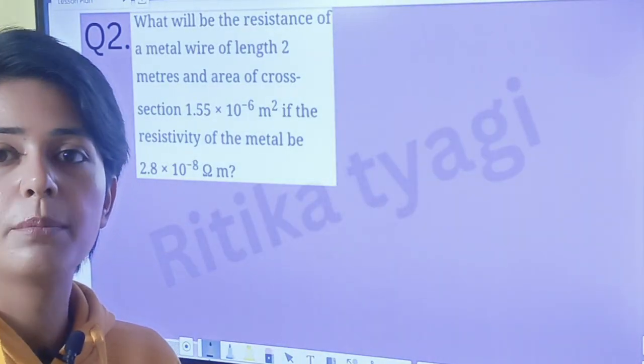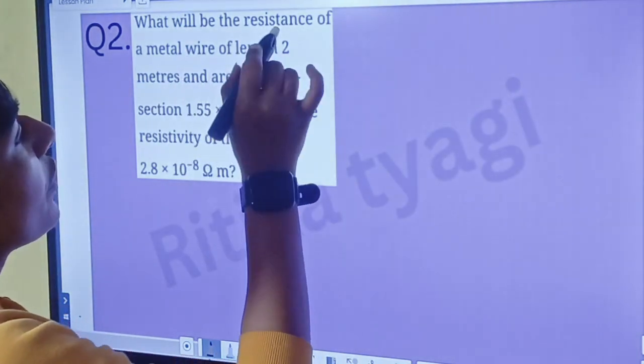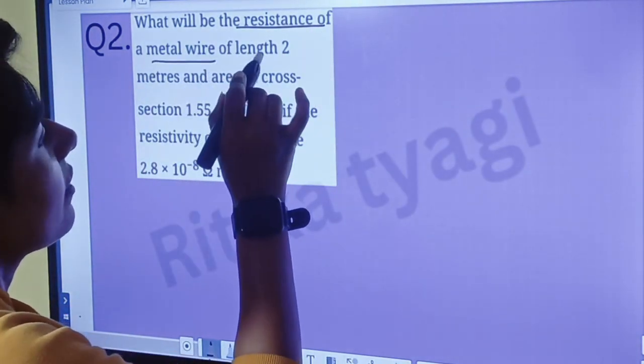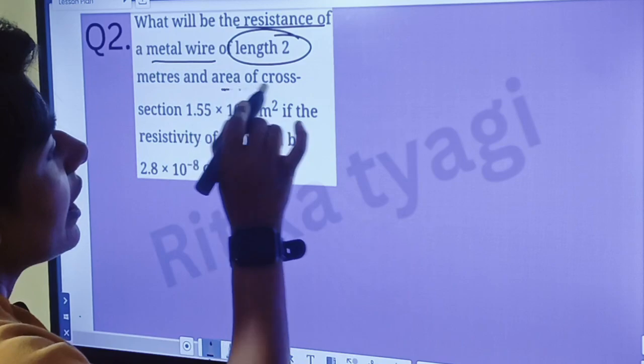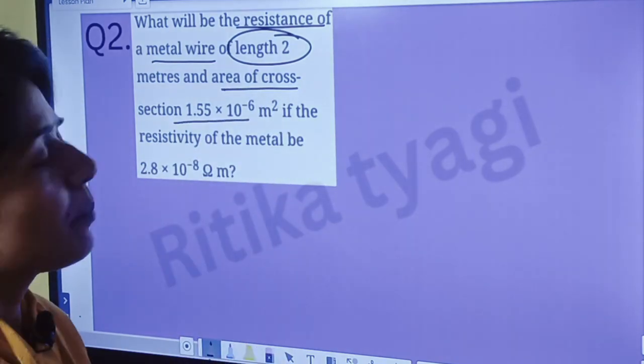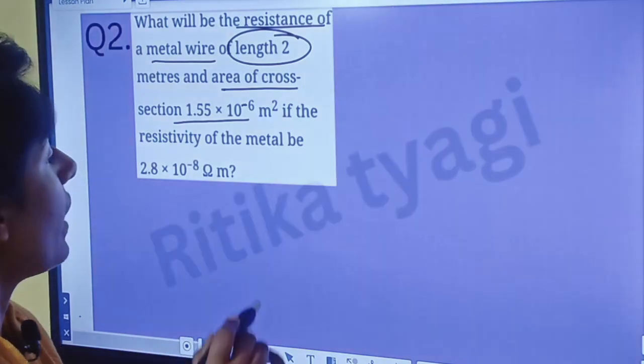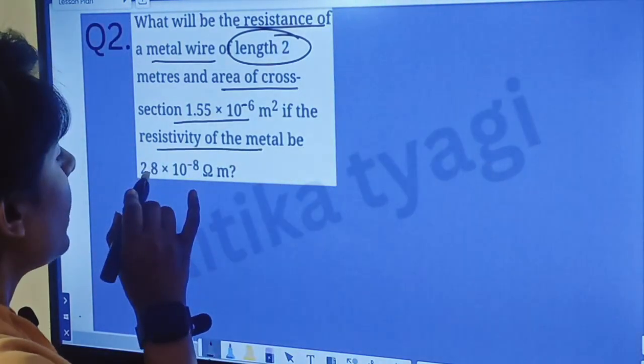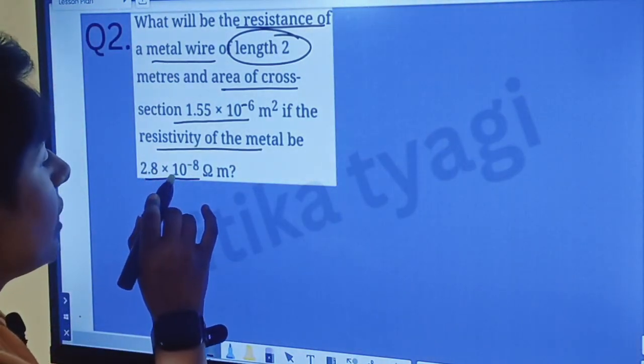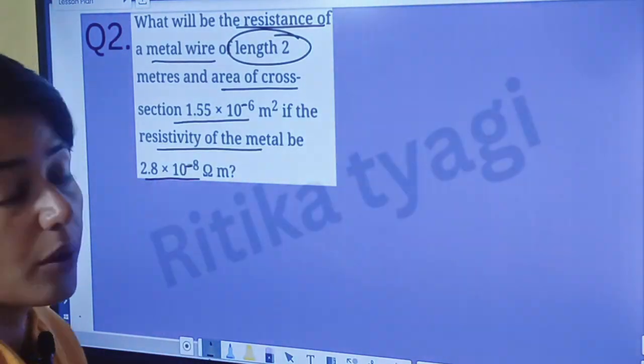Now numerical number second. What will be the resistance of a metal wire, length 2 meter, area of cross section 1.55 multiplied 10 to the power negative 6 meter square, if the resistivity of the metal be 2.8 multiplying 10 to the power negative 8 ohm meter.